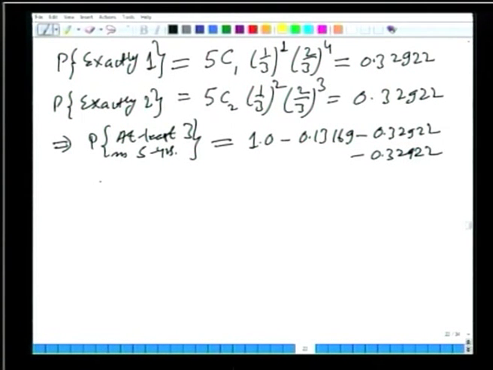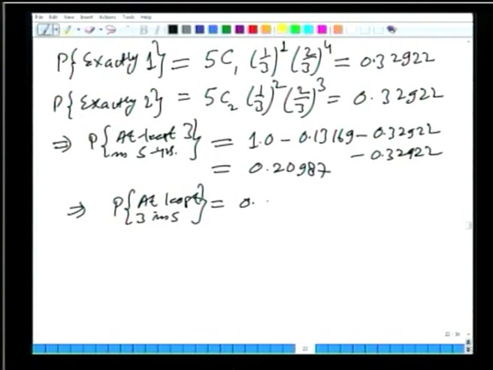Okay, that is equal to 0.20987. Okay, therefore, you can say that your required probability of at least 3 times in 5 trials is what? Is 0.21 almost, or 21%.